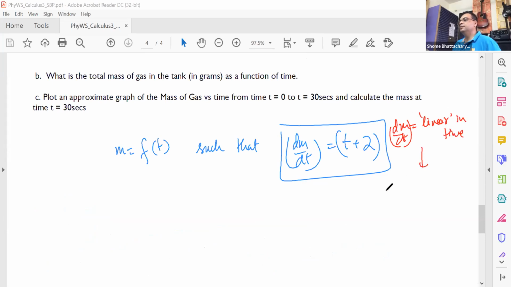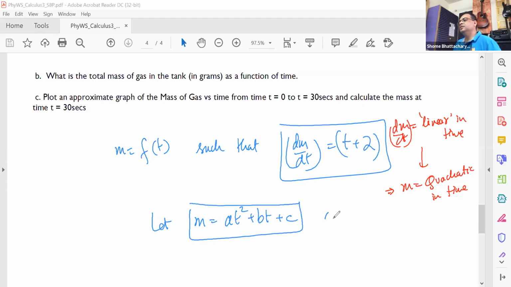So that implies that m must be a quadratic function. It must be quadratic in time. So now we can proceed by a normal method, that let us assume m as a function of time is some at square plus bt plus c, where a, b and c are constants which we don't know.